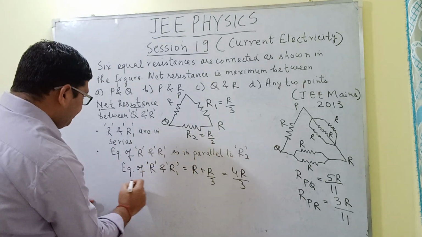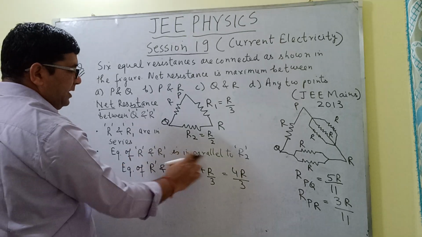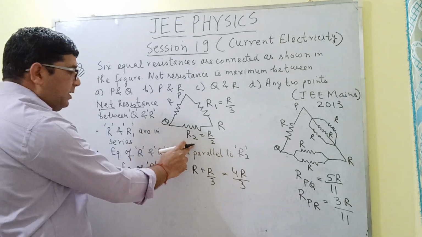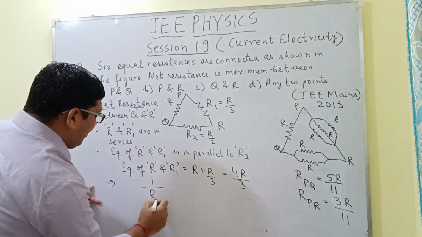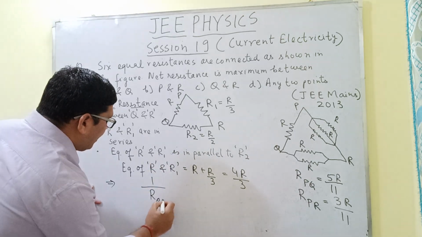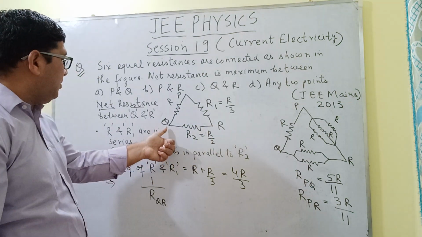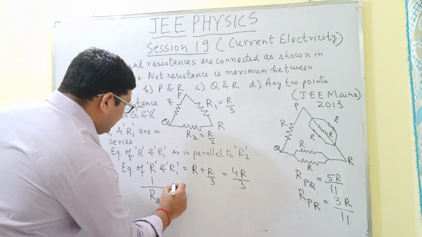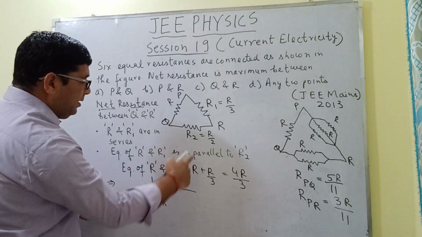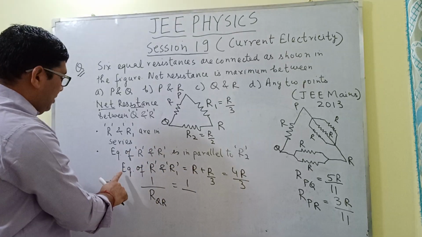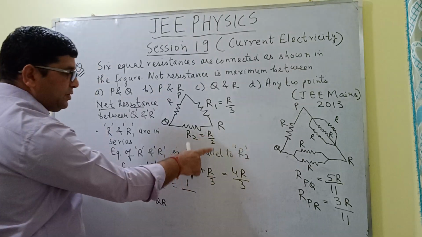So since the equivalent of R and R1 is in parallel to R2, we can write that 1 divided by RQR, where RQR is the net resistance between these two points, that is between the points Q and R, is equal to 1 by R by 2, because the equivalent of R and R1 is in parallel to R2, and R2 is equal to R by 2.